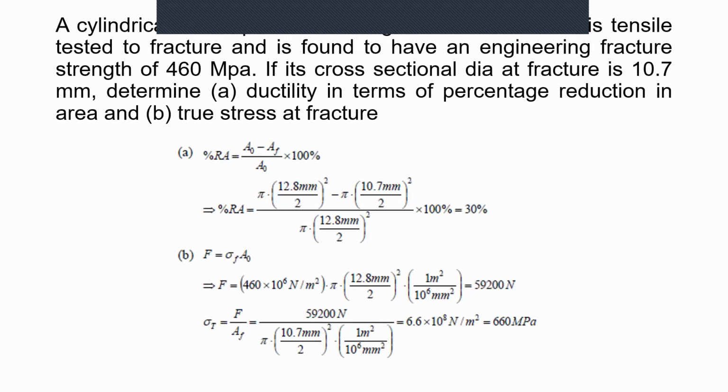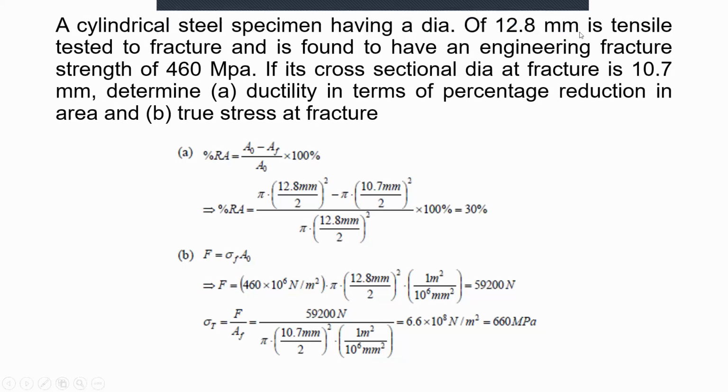Here it was 12.8 mm of diameter initially, which finally came down to 10.7 mm. So you can calculate the area from the initial diameter and the final diameter, and then find the percentage reduction in terms of the initial area. It comes out around 30%.